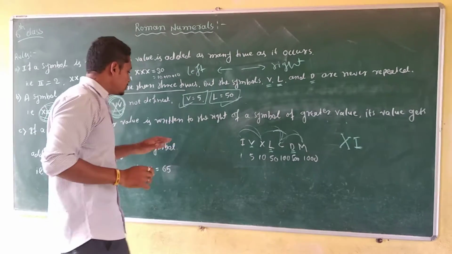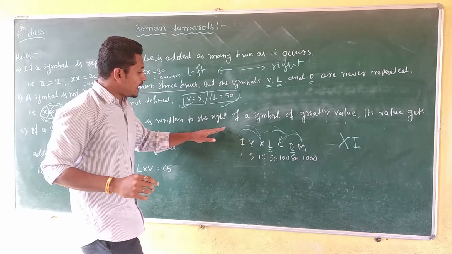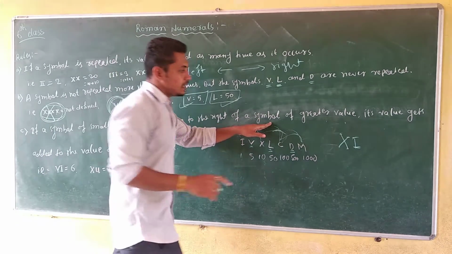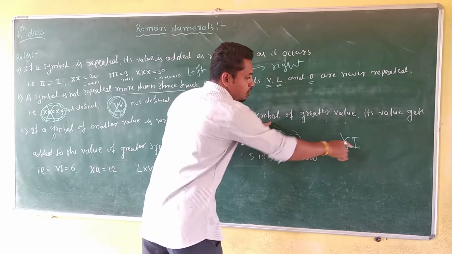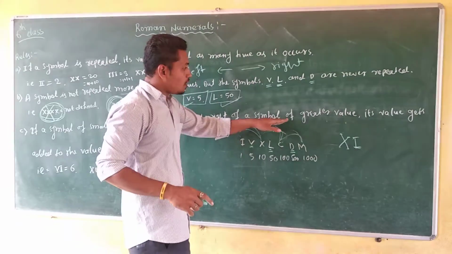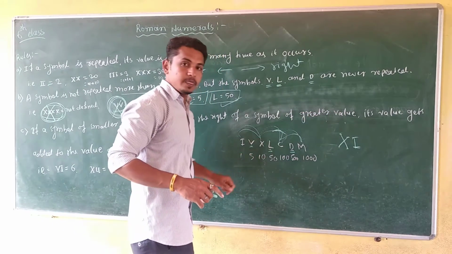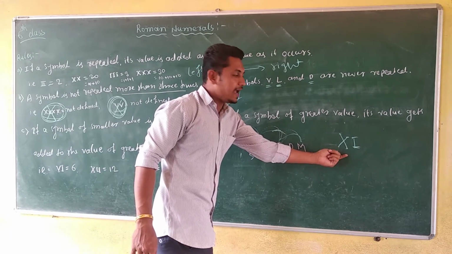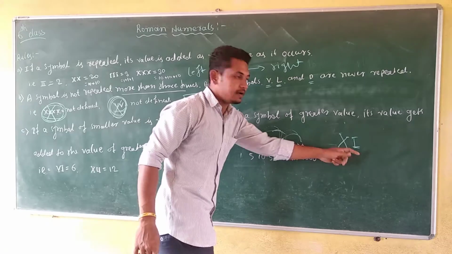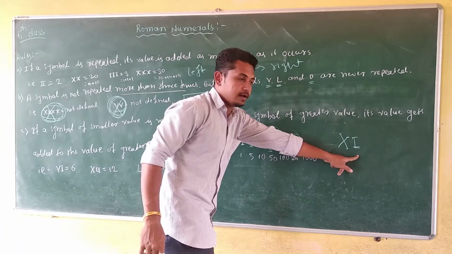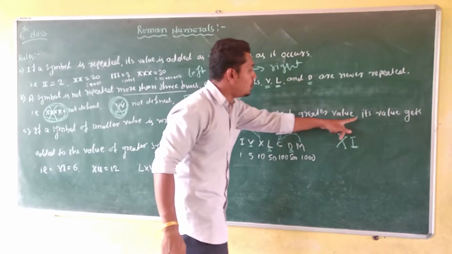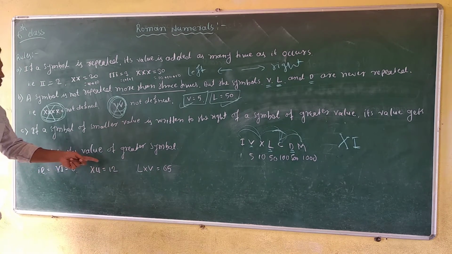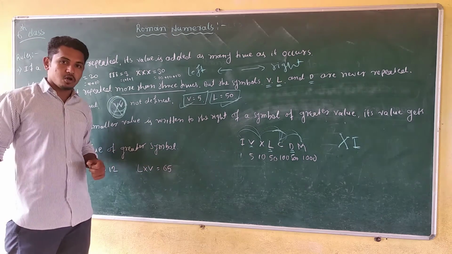Now see here, written to the right of a symbol means, here this is the X and to the right of it a symbol of smaller value is written. 10 is greater than 1. That's why its value gets added to the value of the greater symbol.